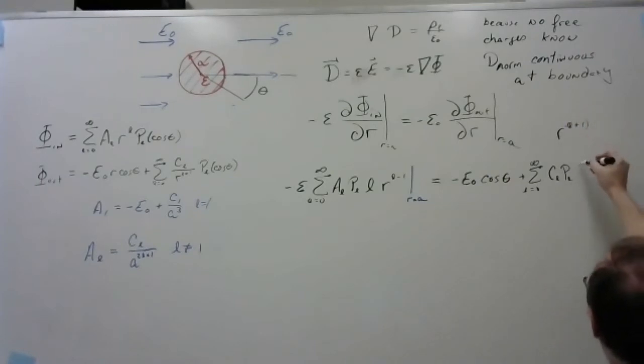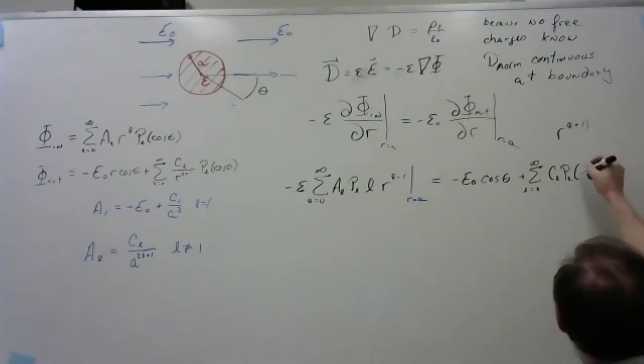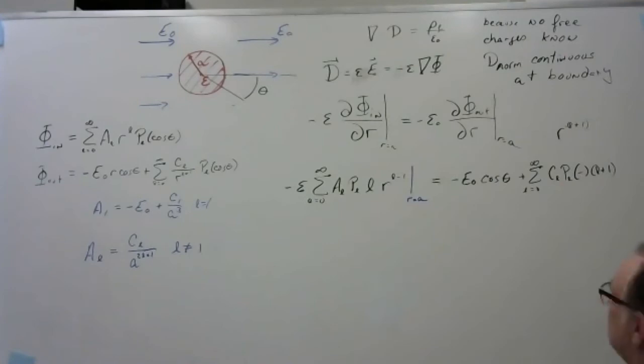So I get a negative L plus 1 multiplied by r to the negative L plus 2, like that.